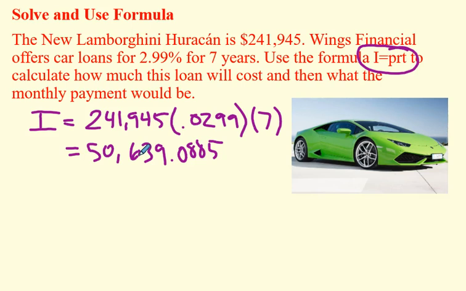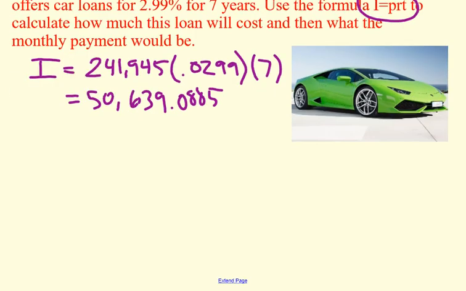And then we have to figure out how much this is going to cost us to pay back each month. So the total that we're going to pay back is going to be our loan plus our interest.